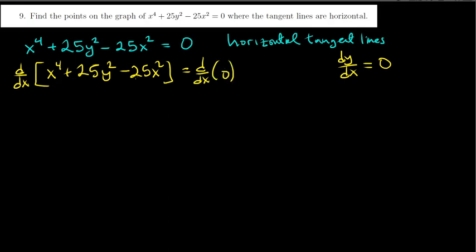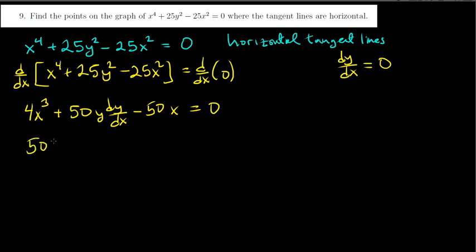And the derivative of 0 is still 0, right? Now on the left side, you're going to get 4x cubed plus 50y times the derivative of y, don't forget the chain rule, right? Minus 50x equals 0. So solving for the derivative of y, we'll add the 50x to both sides, subtract the 4x cubed from both sides, and then divide by 50y.